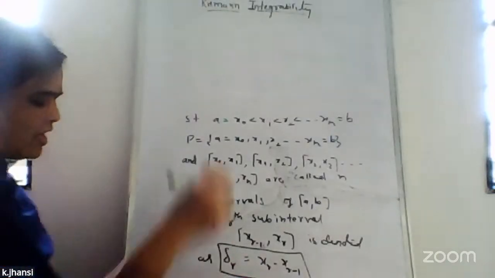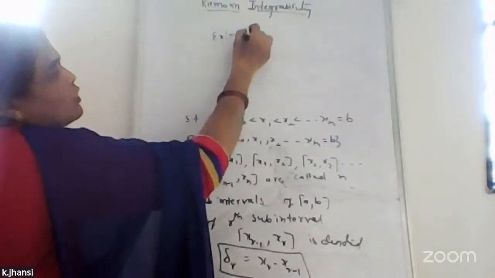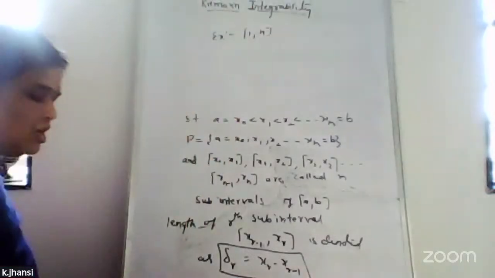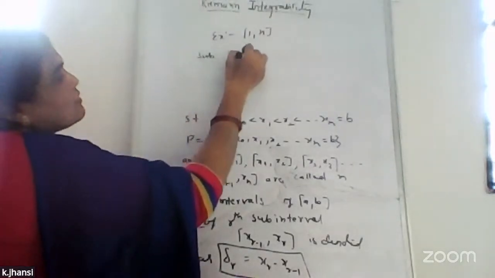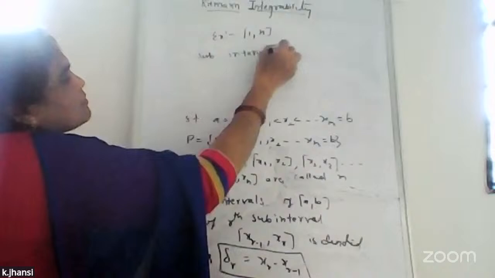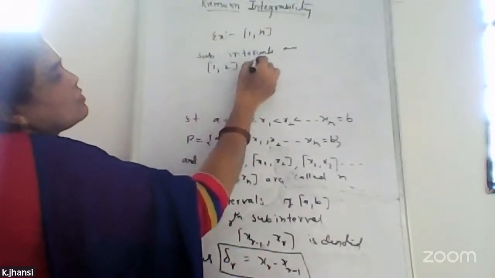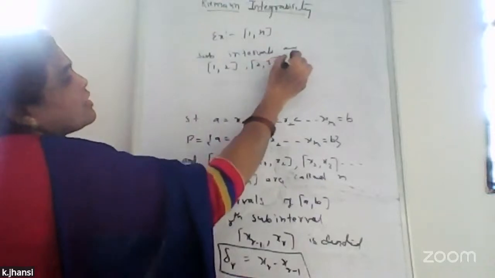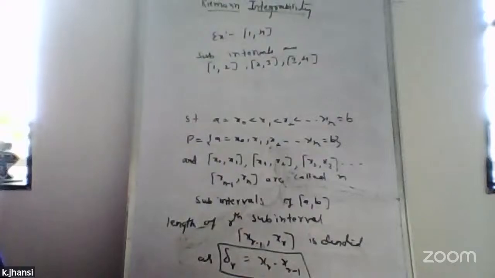So we can take one example. If the closed interval is given as 1 comma 4, then the subintervals are 1 comma 2, 2 comma 3, next 3 comma 4. These are the subintervals.